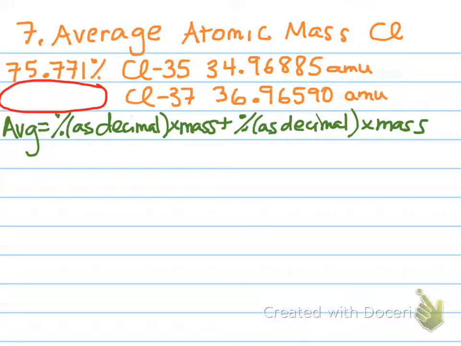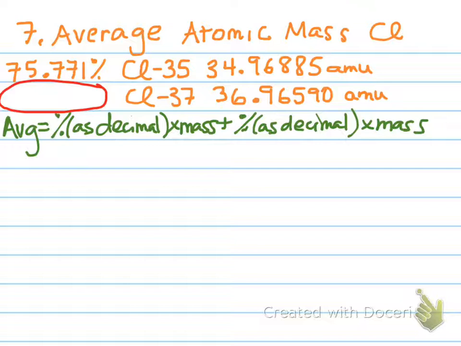So this works on that assumption that if there are only 2 isotopes of something, they have to total 100%. To give you an example, if you have a class that is 45% girls, what percentage of the class are boys? 55, right? Okay.